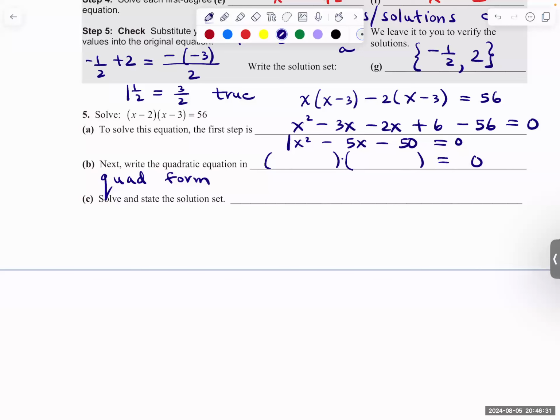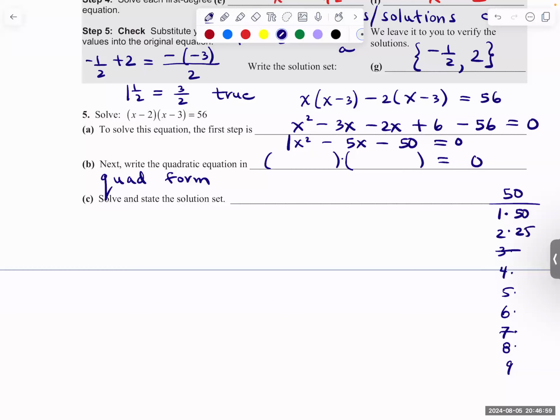Now 50 can be factored in numerous ways, pairs of factors of 50. Well, let's go generally with bigger numbers. Let's go 1 to 9. So I have 1 times 50, 2 times 25.